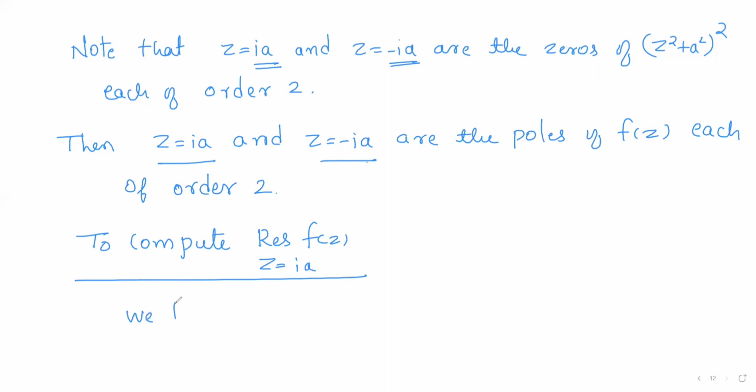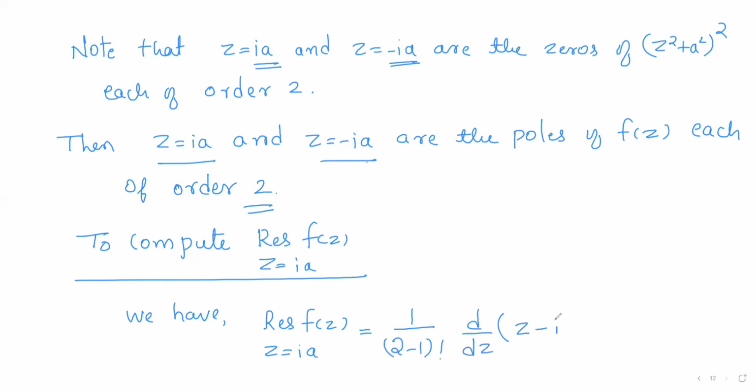So what is the formula? The formula is residue of f(z) at z = ia is 1 divided by (h − 1) factorial, right? What is h? h is actually the order, so it is 2 here. So 1 by (2 − 1) factorial, differentiation of (z − ia)^h into f(z), differentiated 1 time at z = ia.